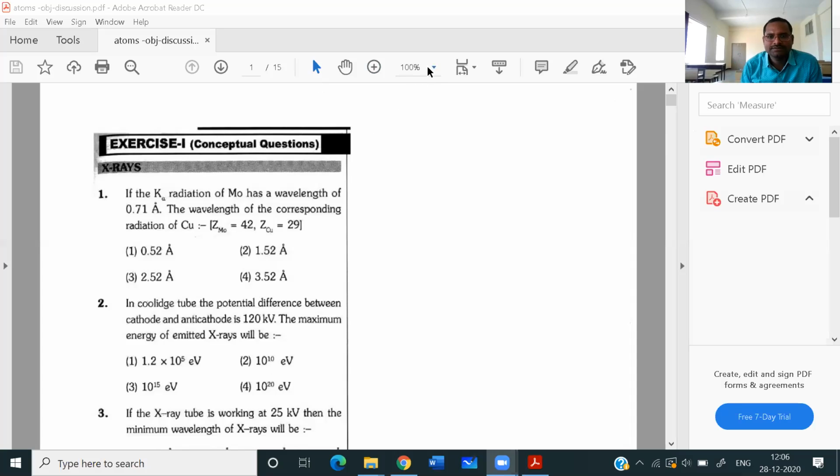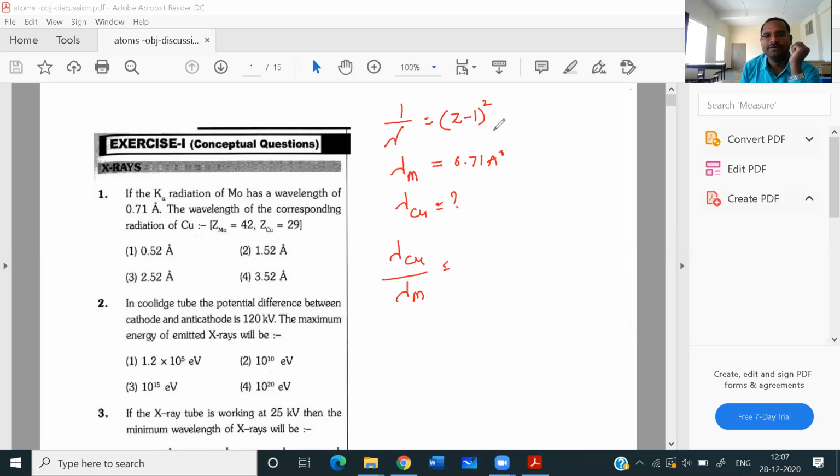According to Moseley's law, 1 by lambda is equal to (atomic number minus 1) whole square. They have given lambda of the K alpha line of molybdenum as 0.71 angstrom, and the K alpha line of copper we need to find. Lambda of copper upon lambda of molybdenum, according to this formula, comes out to be (Z of molybdenum minus 1) whole square upon (Z of copper minus 1) whole square.